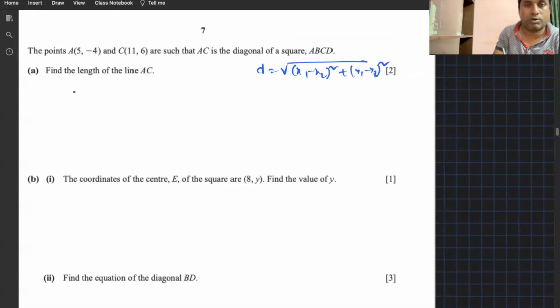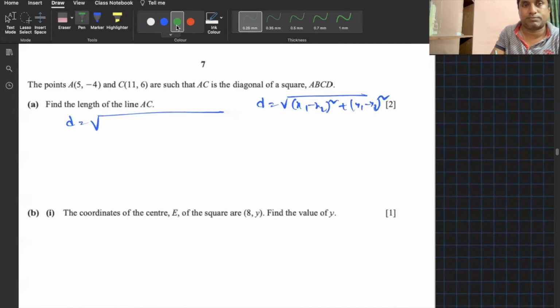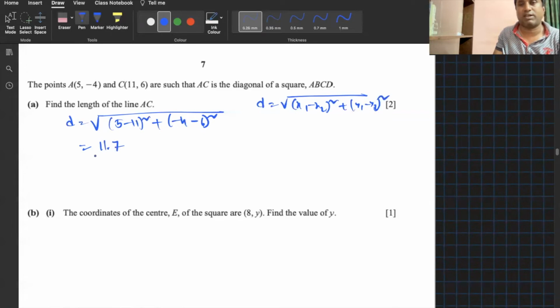If I use the formula directly here, that means (5 minus 11) whole squared plus (minus 4 minus 6) whole squared. If I simplify this, we are having 11.7. This is a total of 2 marks.